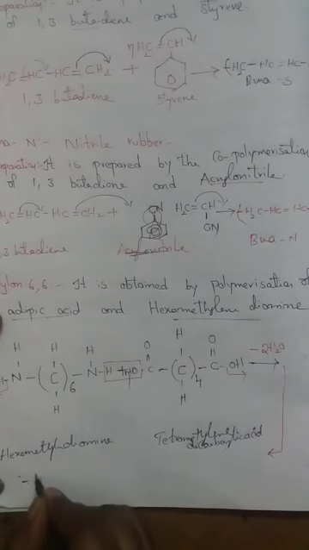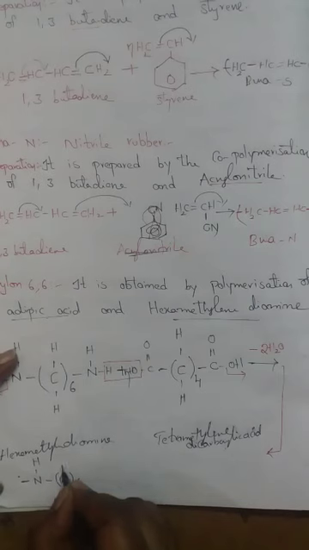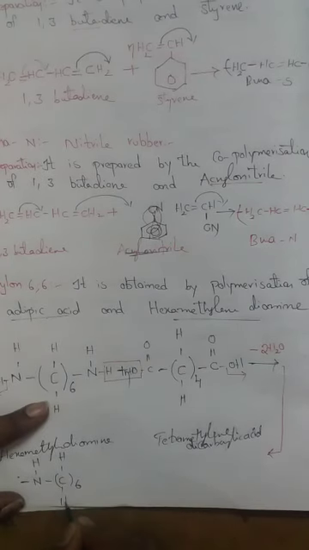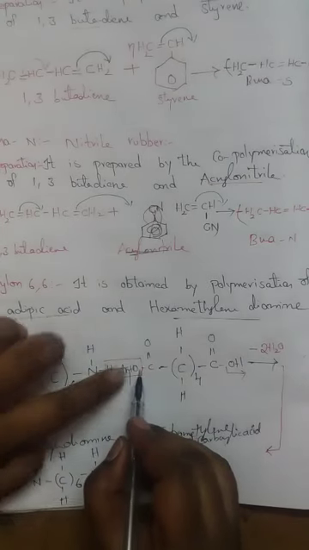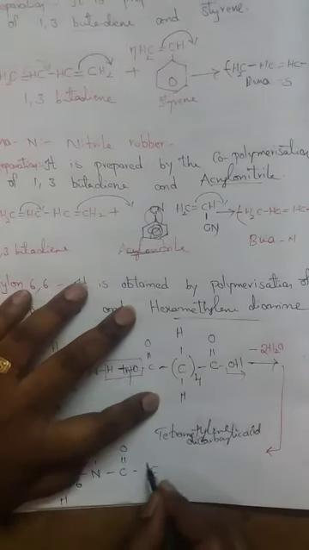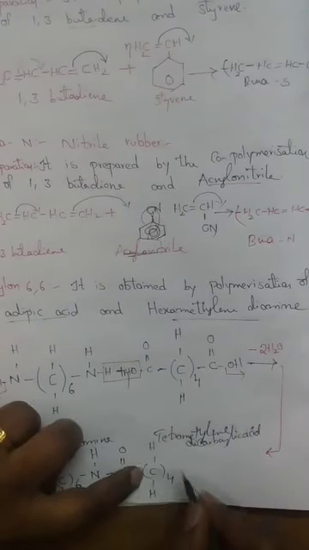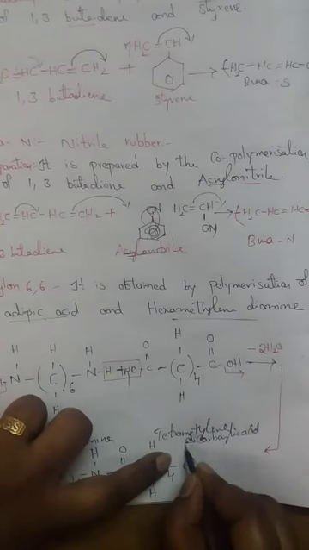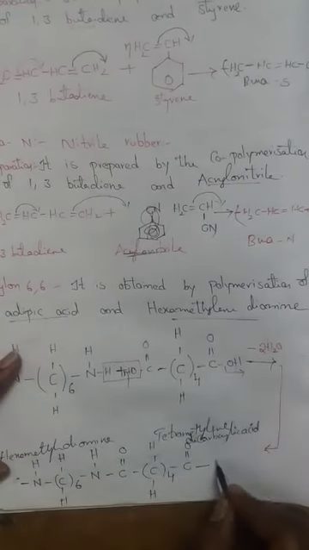Bond N, bond H, bond C taken 6 times, bond H, bond H, bond N, bond H, and this total can be eliminated. Remaining: bond C, double bond O, bond C taken 4 times, bond H, bond H, bond C, double bond O, bond. Here N can shift from here to the last, so N.